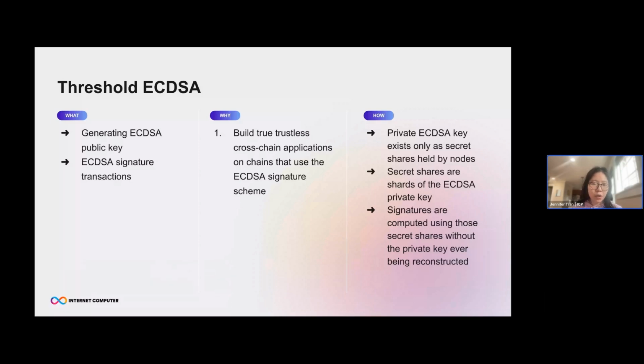And how it actually works is the private ECDSA key. Of course you have a public key and a private key. So let's say you want to create an ECDSA public-private key pair. What happens is the nodes create the private key, but it's not shared across. It's not like one node has that one private key and then could steal your funds.